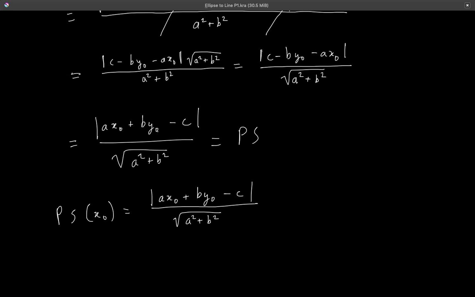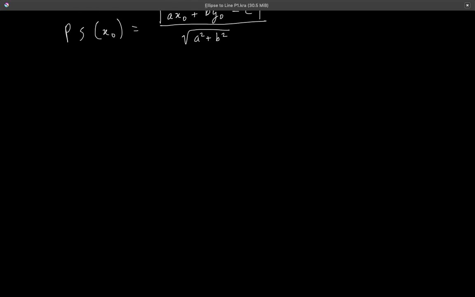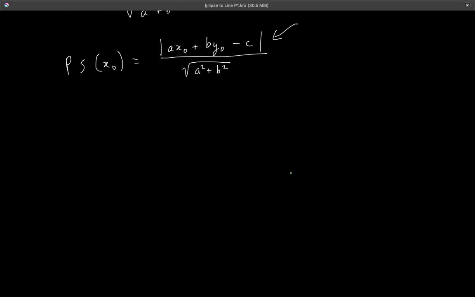So we actually need to split this into two cases because of this annoying absolute value here. So let's do that. Let's keep this up here, and let's draw this vertical line separating our two cases. So let's say case 1.